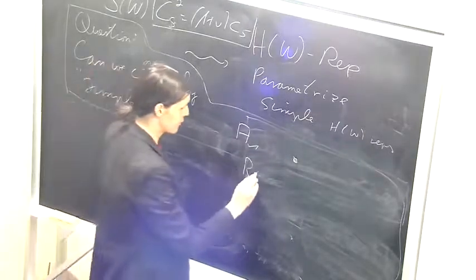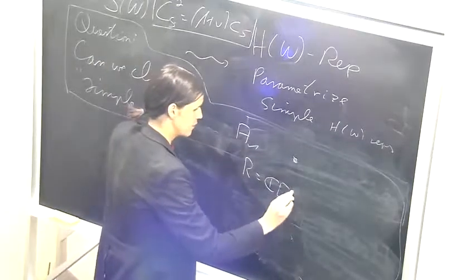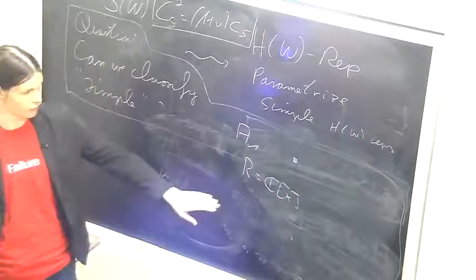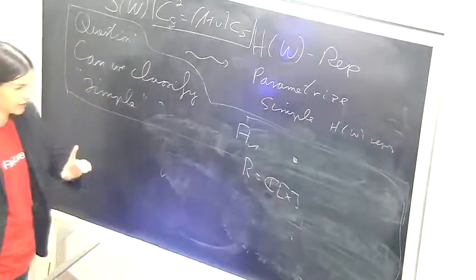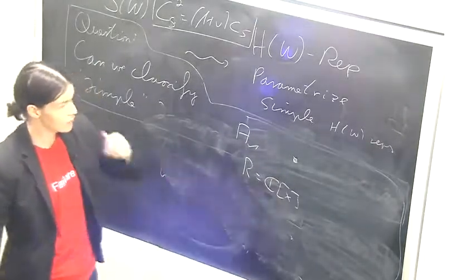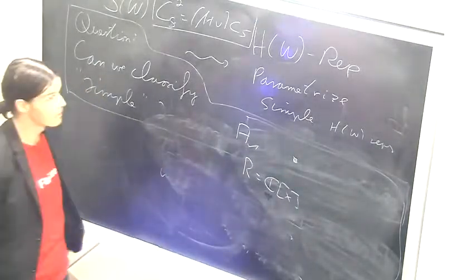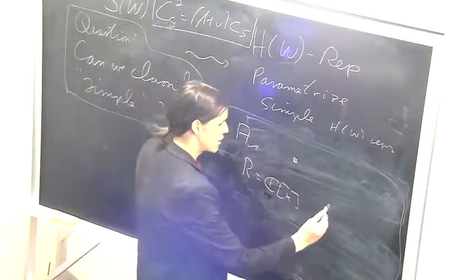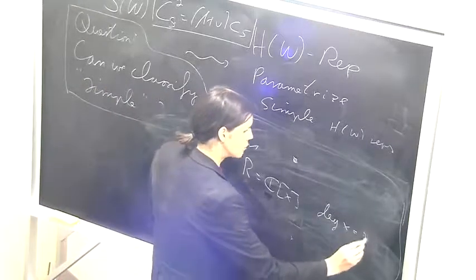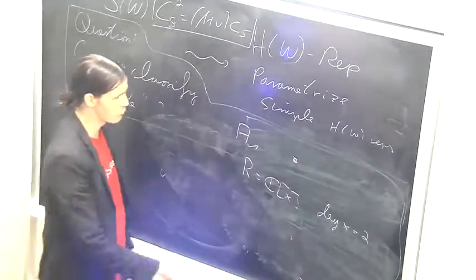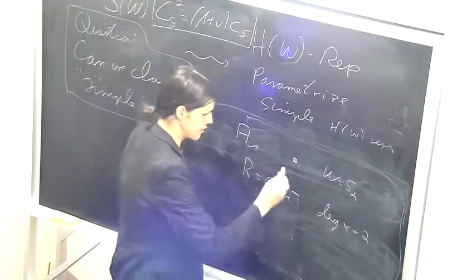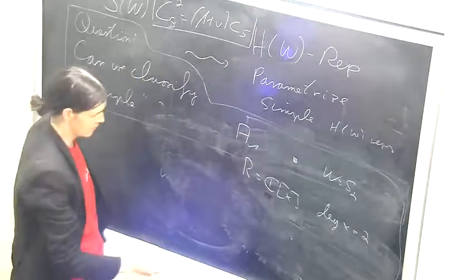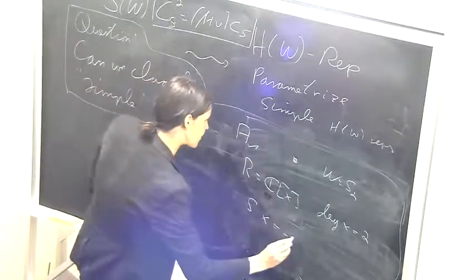You take the polynomial ring over C. So here I'm really working over C. So this positively graded business is false in finite characteristic if you want to work with Soergel bimodules in finite characteristic. But for now I don't want to. And the degree of x is 2. And your Weyl group, which is very boring in this case, it's just S2, and it acts here by a sign. Sx is minus x.